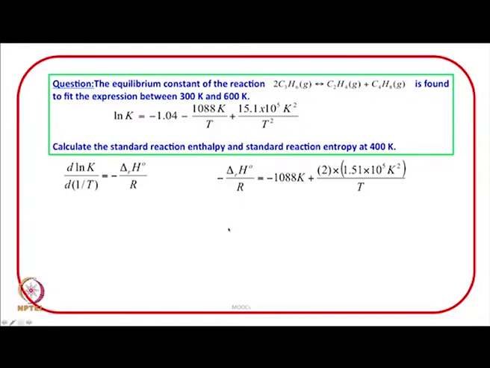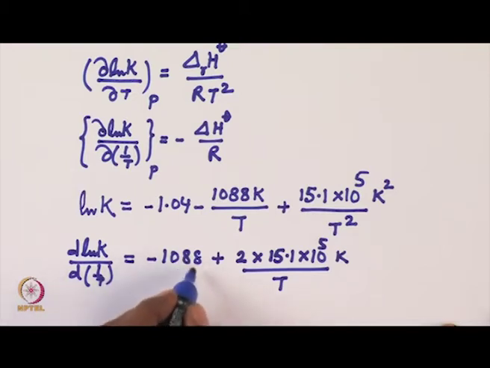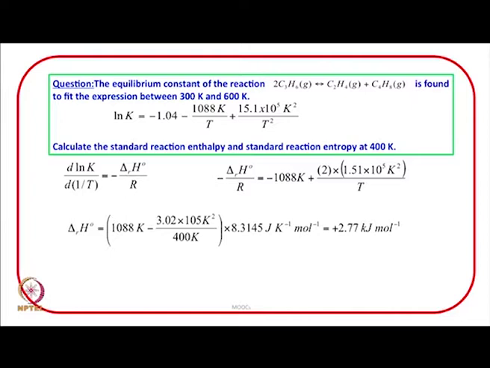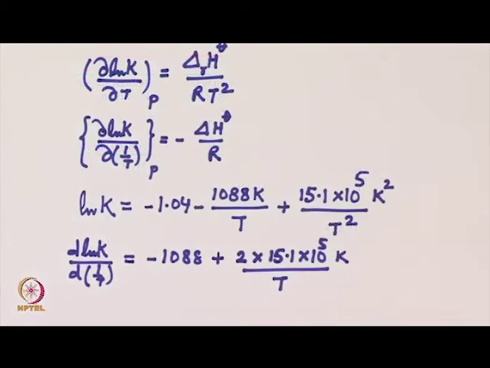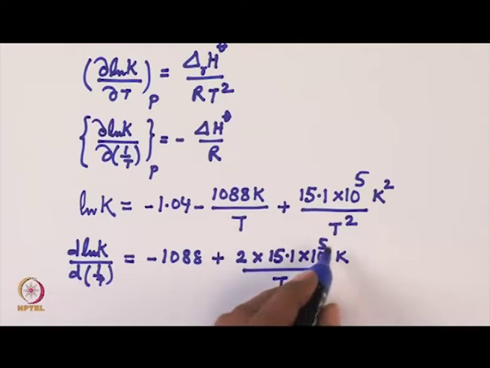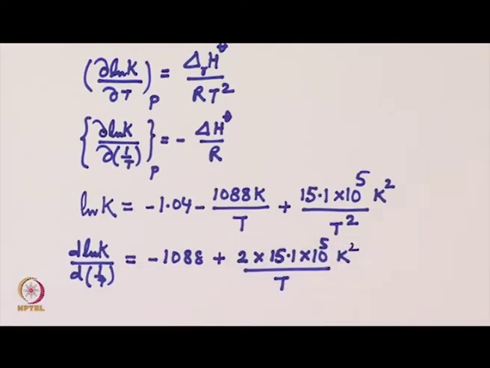What I have discussed is that d log K by d 1 by T is minus 1088 plus 2 into 15.1 into 10 raised to the power 5 by T into K. So once I substitute the numbers, let us go to the slide, and what do I get? d log K d 1 by T is minus 1088 plus 2 into 15.1 into 10 raised to the power 5 by T, and this T is in Kelvin.